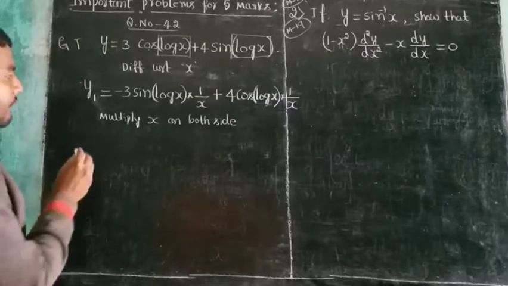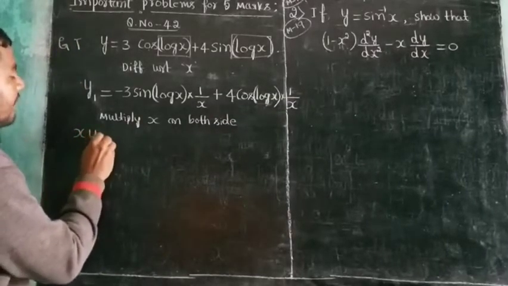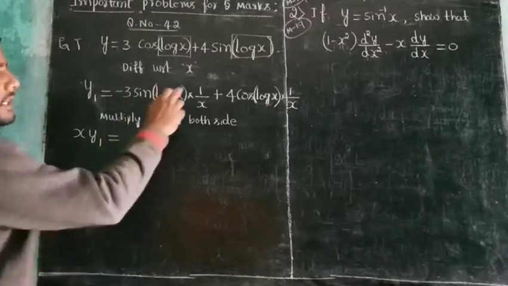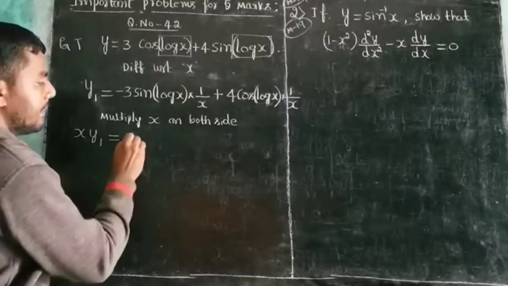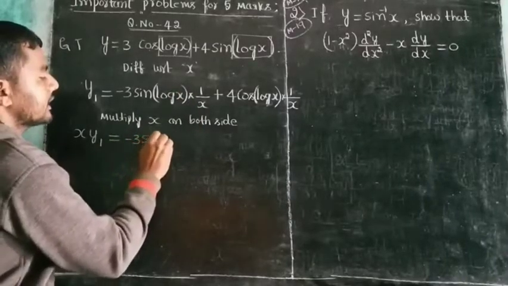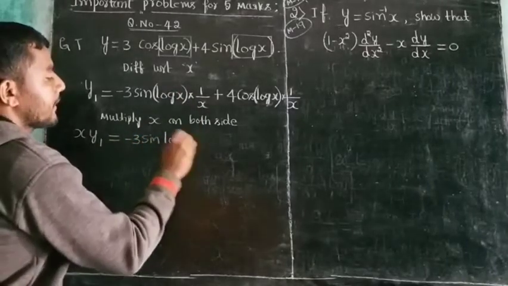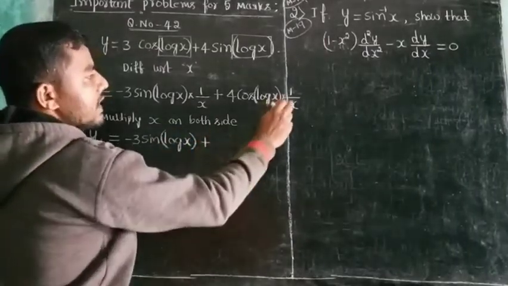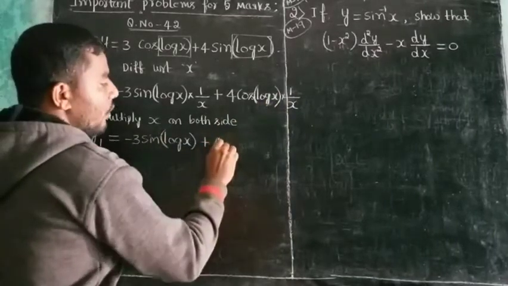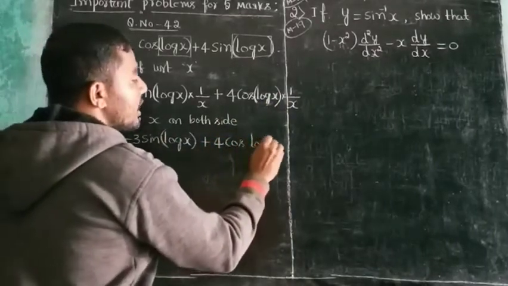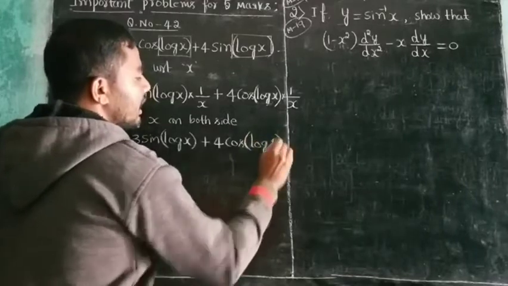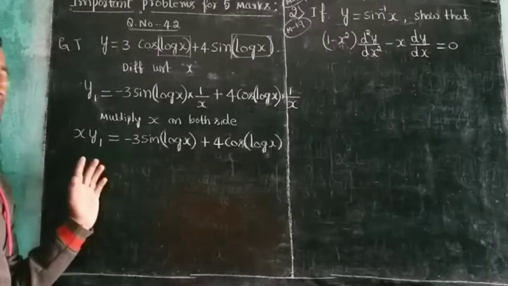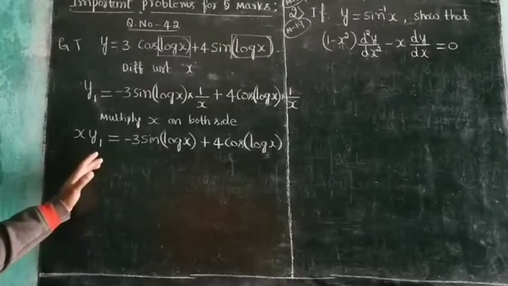Then in the left hand side we have x into y1 is equal to, and in the right hand side the x cancel. The remaining value is minus 3 sin log x plus, here also x cancel, 4 into cos of log x. For this step we get another 1 mark.